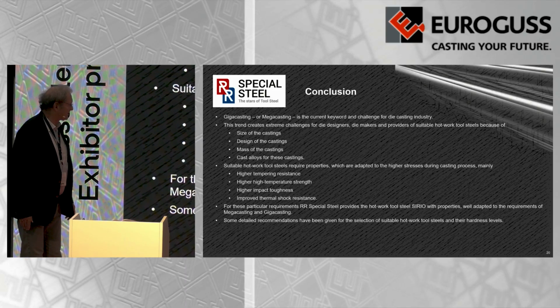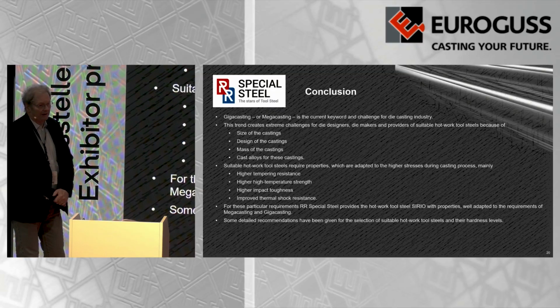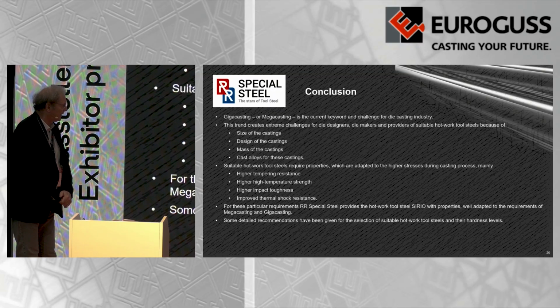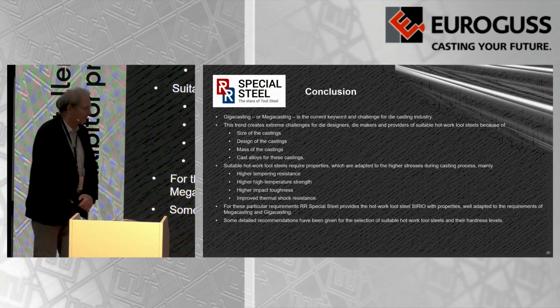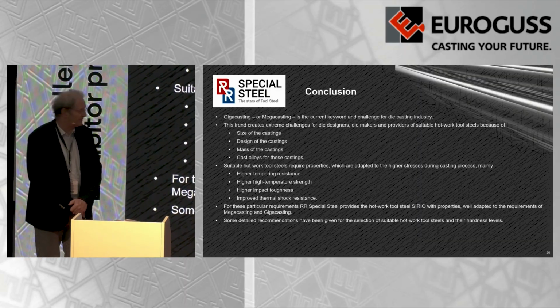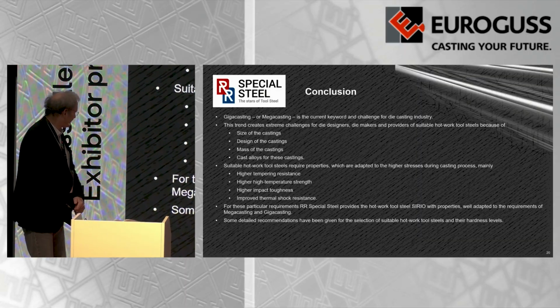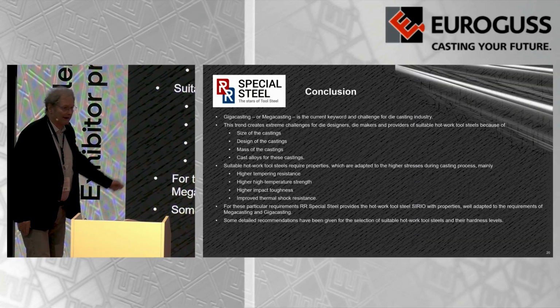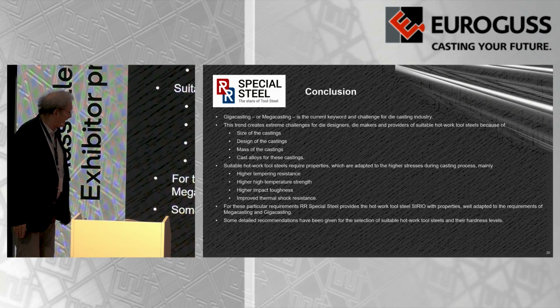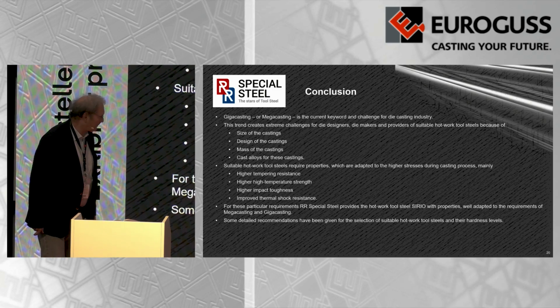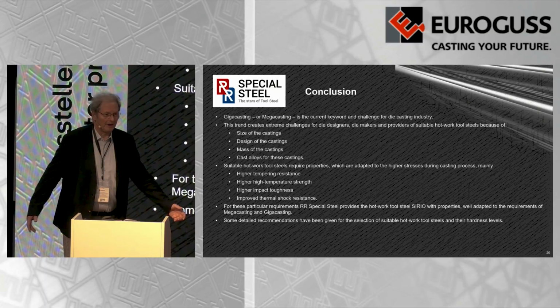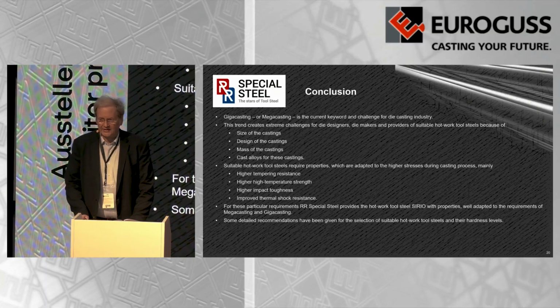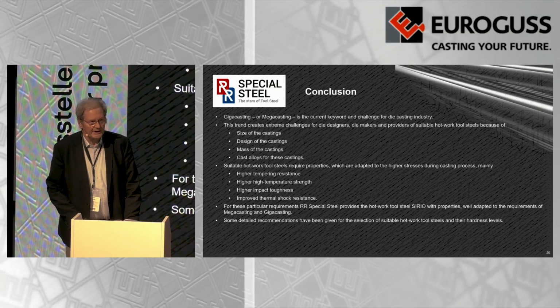For these particular requirements, RR Special Steel provides the hot work tool steel Sirio with properties which are well adapted to the requirements of the mega casting and giga casting cases. I could show a few examples that obviously work successfully in the industry.